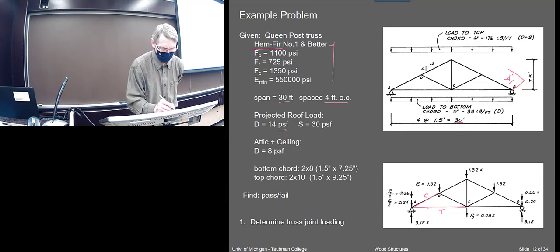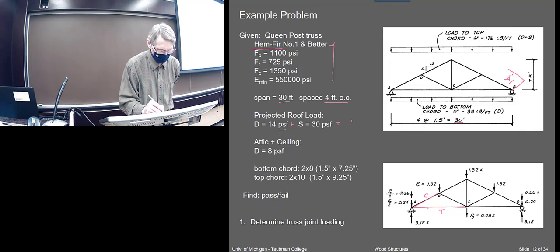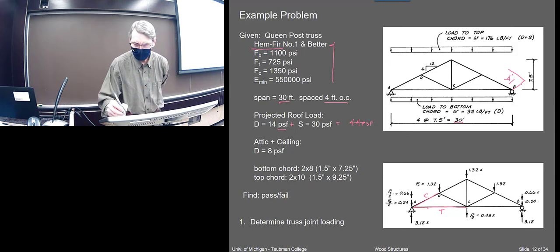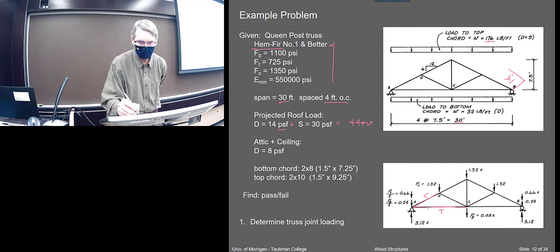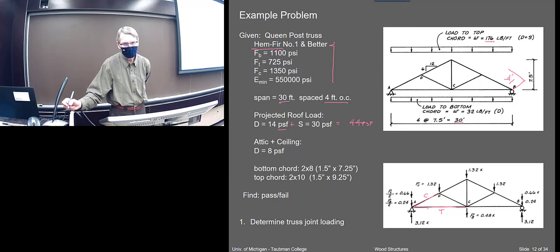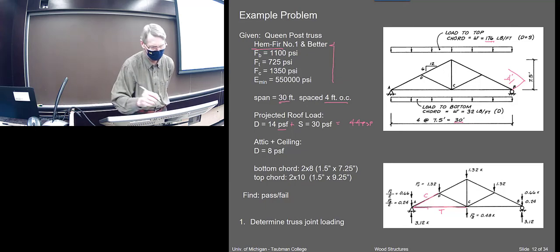So if I say this plus this is equal to 44 PSF times 4 feet, does that look right? That's just an explanation of where these loads are coming from.